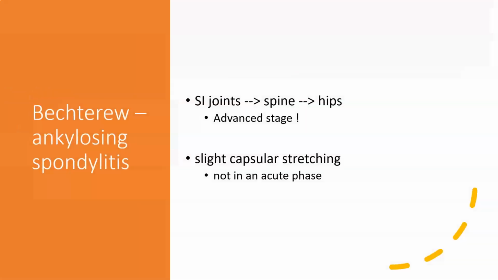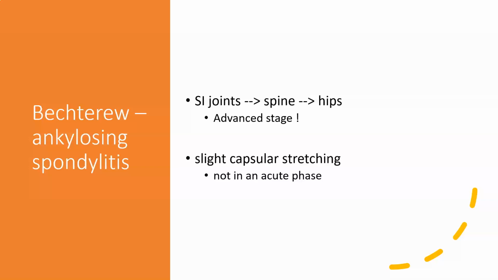Patient with ankylosing spondylitis, well, we know the evolution. It starts in the sacroiliac joints, mostly asymptomatic. Then it goes to the lumbar spine, mostly asymptomatic, and once it's in the thoracic spine, then it starts being symptomatic, then it goes to the cervical spine, and then it jumps to the extremities, for instance in the hips.